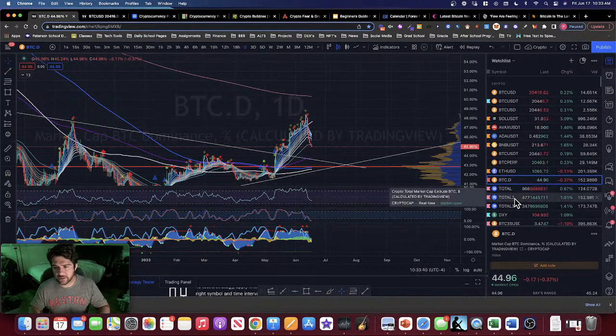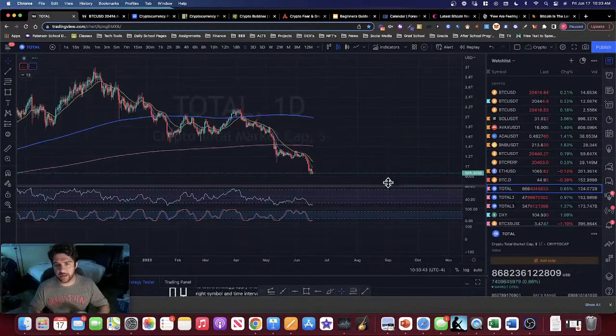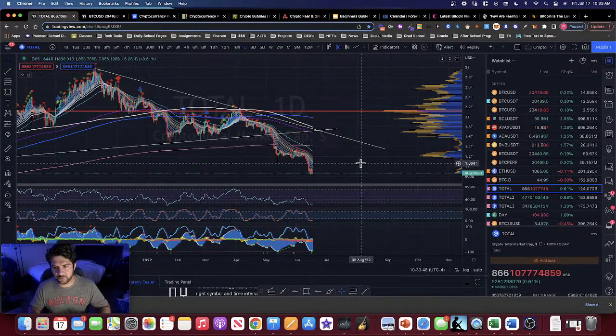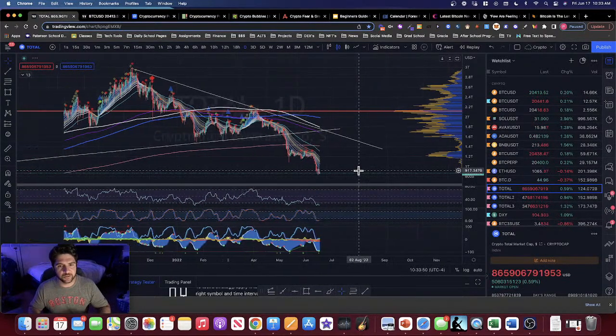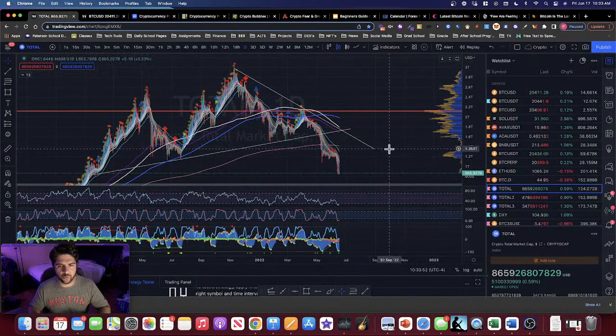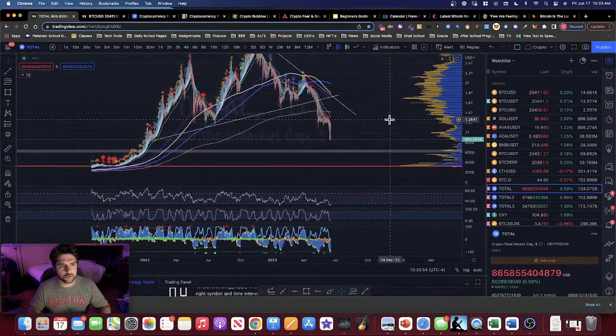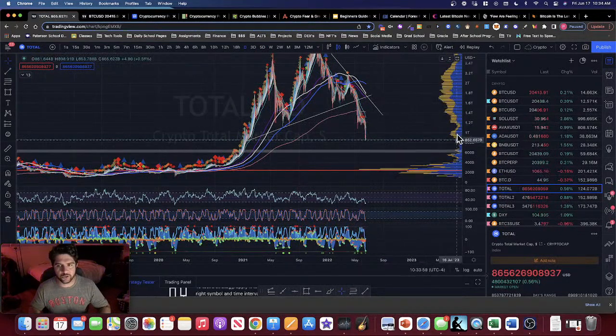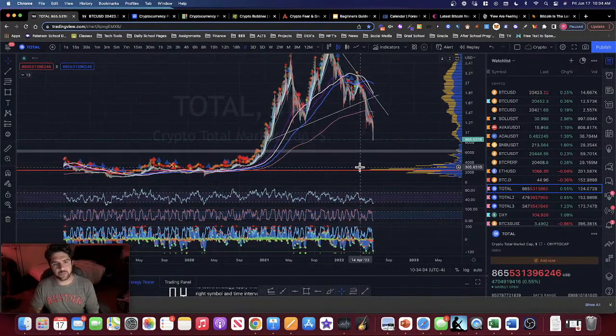We'll see what happens. But total market cap, we are below $1 trillion. As soon as we went below $1 trillion, it was a wrap. But we're looking at support on total. There's a huge gap here in the VPVR, so if you bounce here, that would be something.